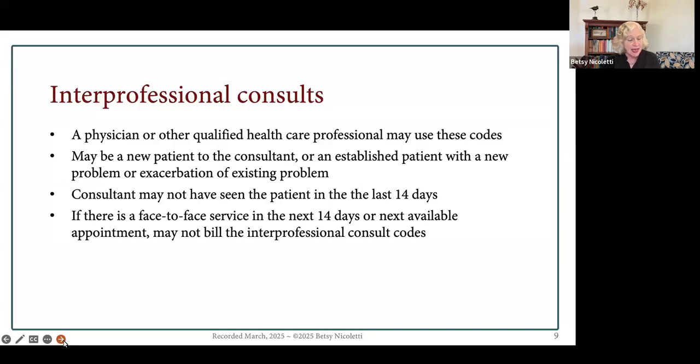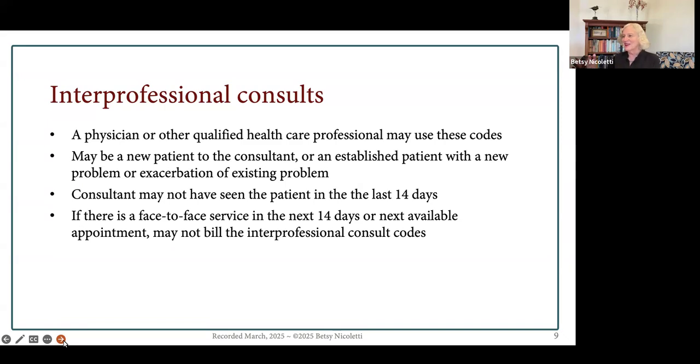But the consultant can't have seen the patient in the past 14 days and can't see the patient in the next 14 days or the next available appointment in order to bill the interprofessional consult codes. So let's say it was a cardiologist and they had seen that patient in the office a week ago. Now they're admitted to the hospital by the hospitalist. They can't perform an interprofessional consult.